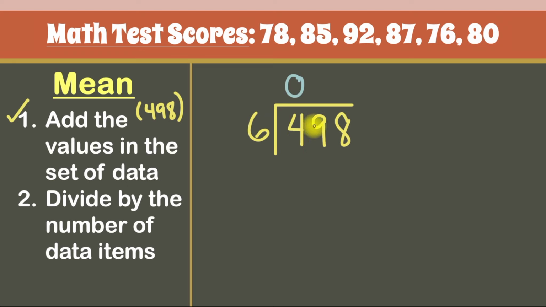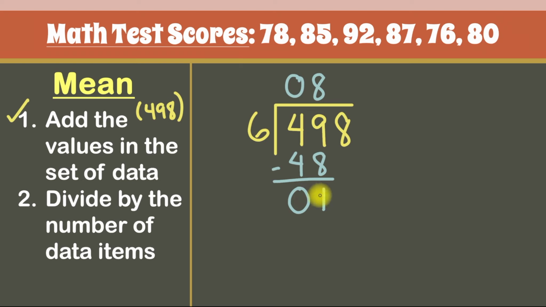And that is 8, because 8 times 6 is 48. So I'll put 48 under 49 and then subtract. 9 minus 8 equals 1. And 4 minus 4 equals 0.